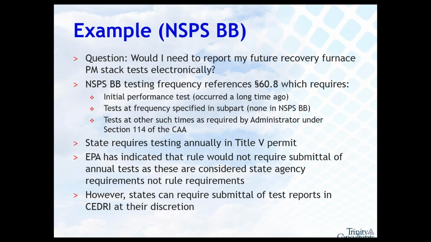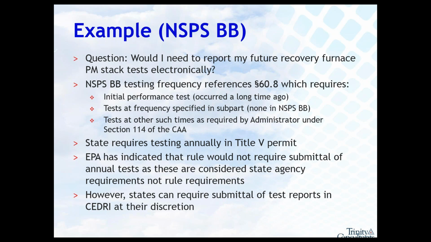The first question, would I need to report my future recovery furnace PM stack test electronically? Again, under the new source performance standard, you're only required to conduct an initial performance test, tests at frequency specified in a specific subpart, or tests under 114 of the Clean Air Act. In this case, the mill conducted its initial performance test a long time ago, and NSPS BB does not specify annual performance tests, but the state wrote into the mill's Title V permit that they have to do an annual PM test.